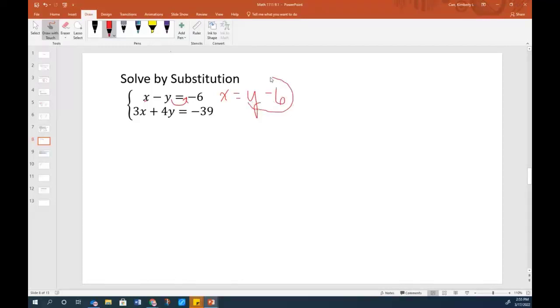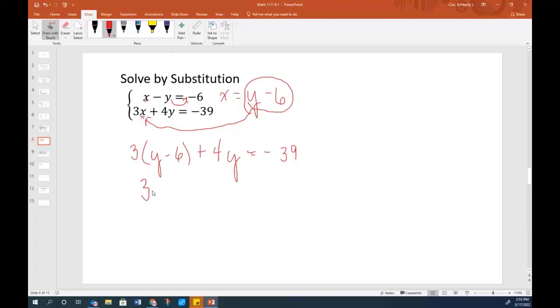Then you want to take that result and plug it into the other equation for that variable. So I'm going to take y minus 6 and put it in this other equation instead of the x. So then I have 3(y minus 6) plus 4y equals -39. Solve that equation for the variable that we have left.